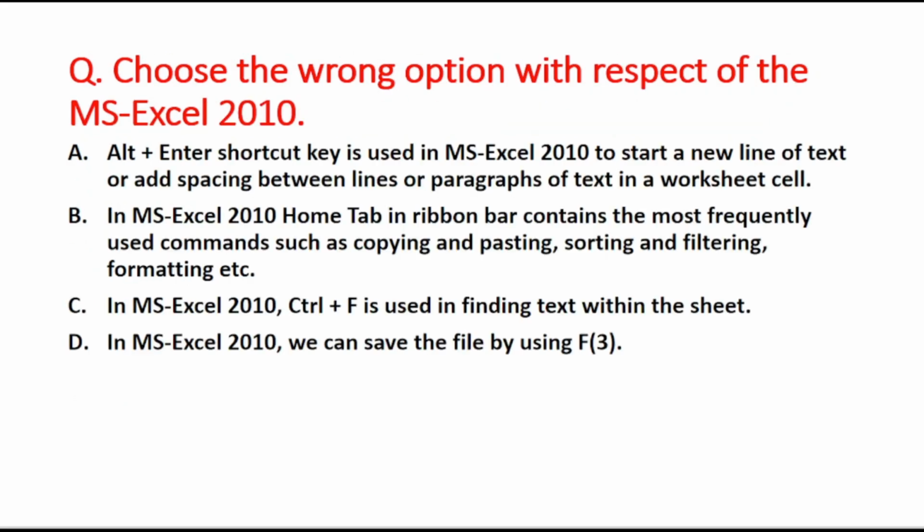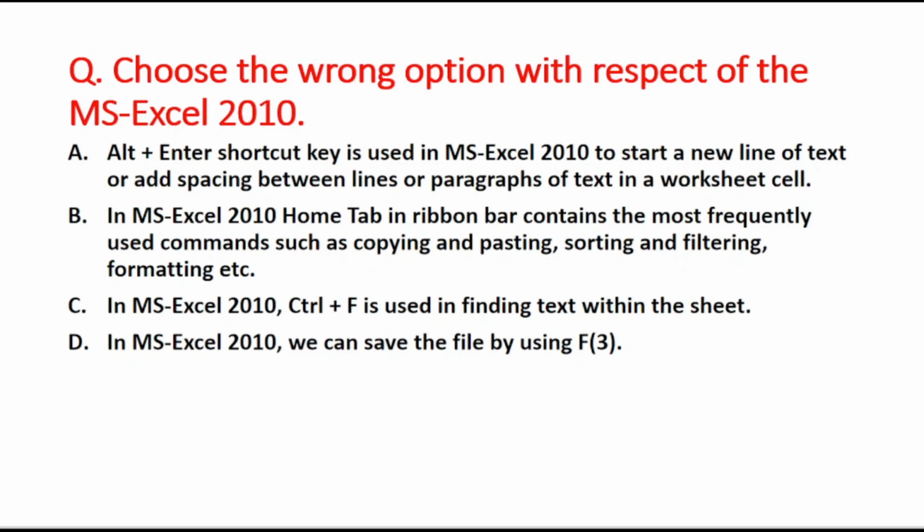Next is, choose the wrong option with respect to MS Excel 2010. Your A option is, Alt plus Enter shortcut key is used in MS Excel to start a new line of text or add spacing between lines or paragraphs of text in a worksheet cell. B option is, in MS Excel 2010, the Home tab in the ribbon bar contains the most frequently used commands such as copying and pasting, sorting and filtering, formatting, etc. C option is, in MS Excel 2010, Control plus F is used in finding text within a sheet.